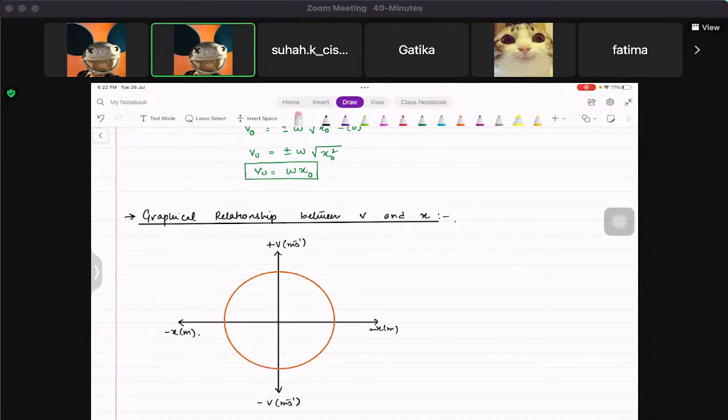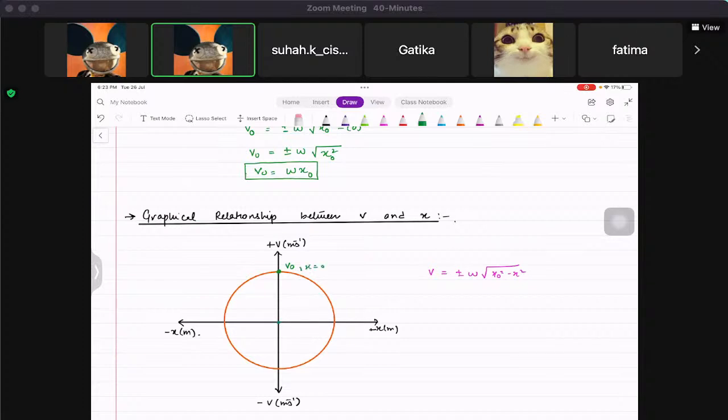So you guys need to remember the relationship between these, because the equation for v is equal to plus minus omega square root of x naught square minus x square, and if you keep on putting in values, you're going to get the circle. If you look right here, you will see this is v naught, and when there is v naught, x is 0.